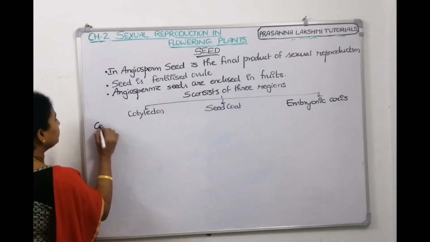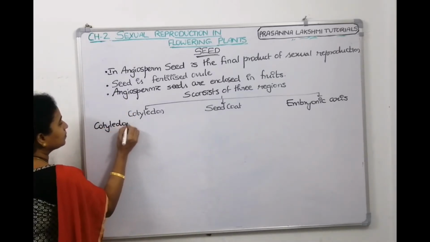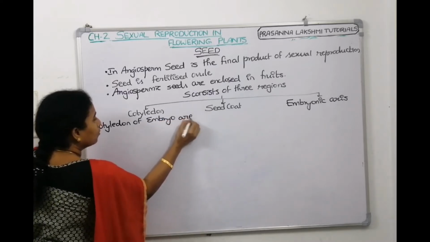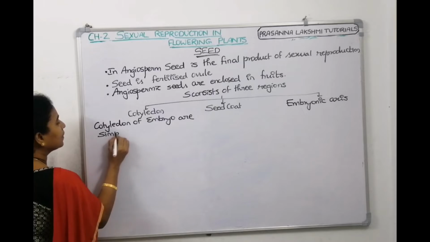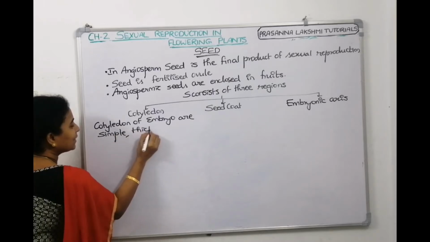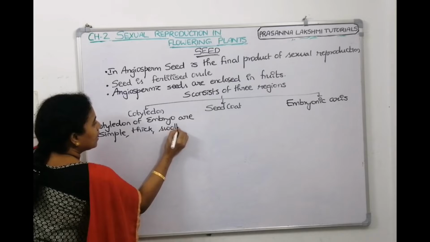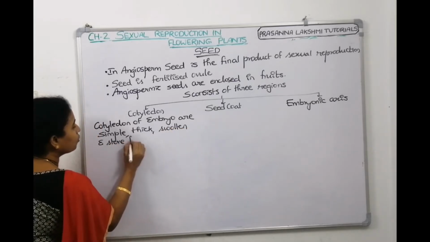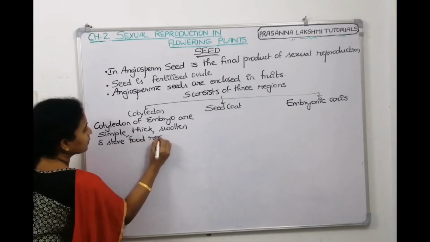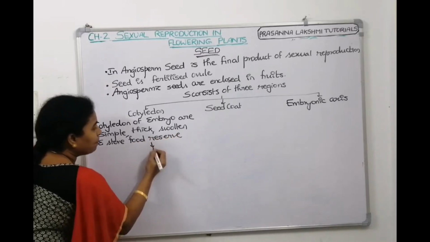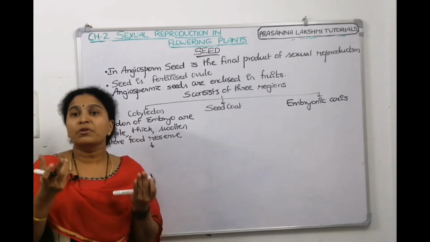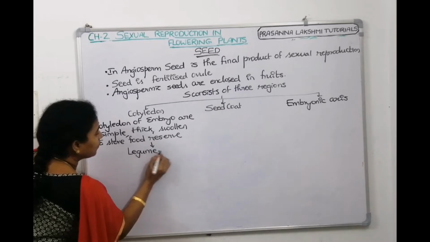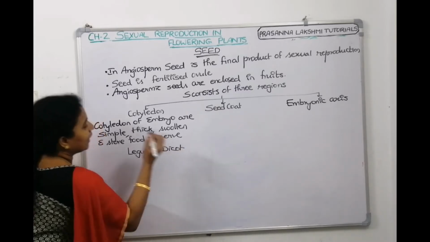So the cotyledons of the embryo are simple, thick and swollen because they are storing food reserves. When can we apply this point? For legume, which is a dicot seed. NCERT says this point is applicable for legume, which is a dicot seed.